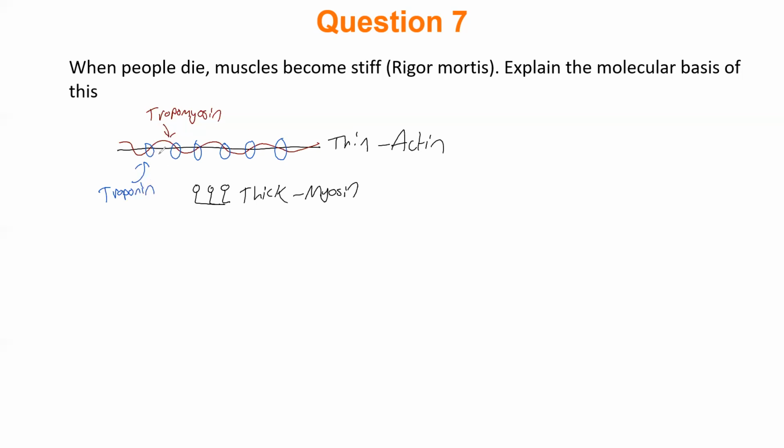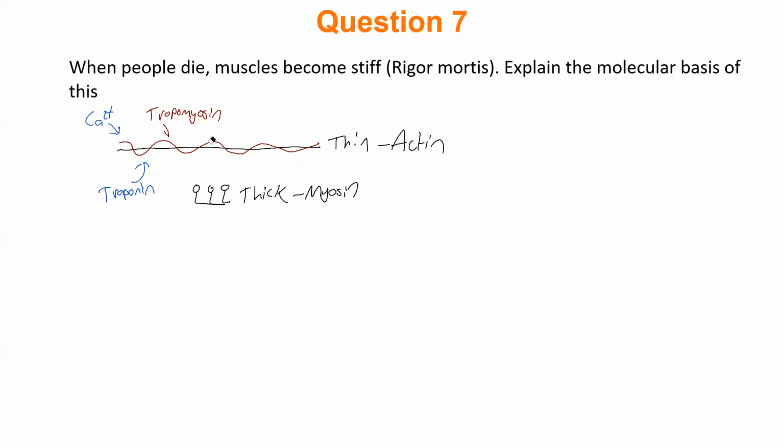If troponin and tropomyosin are on actin, then myosin cannot bind. However, if you have calcium come in, when that comes in, troponin binds it and is removed from actin.